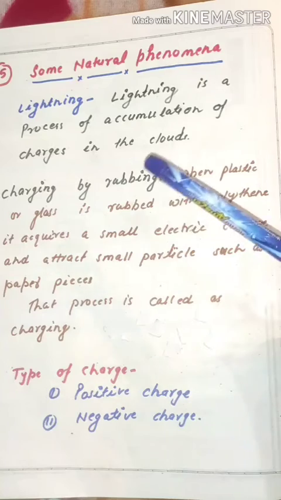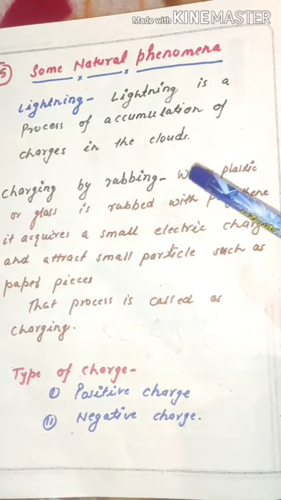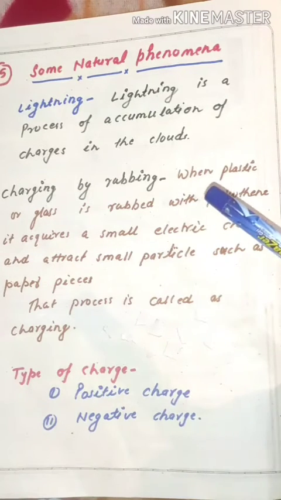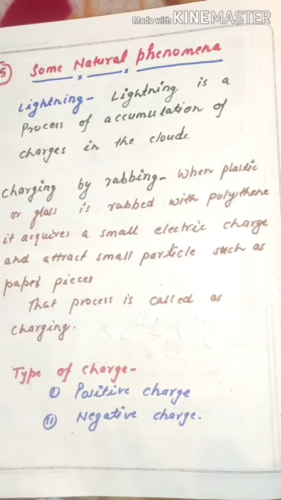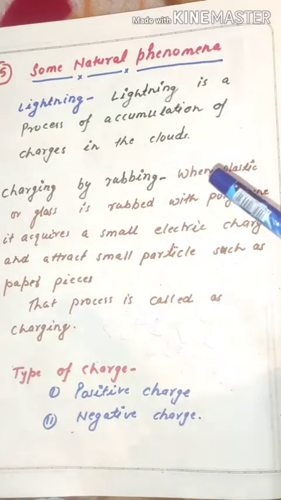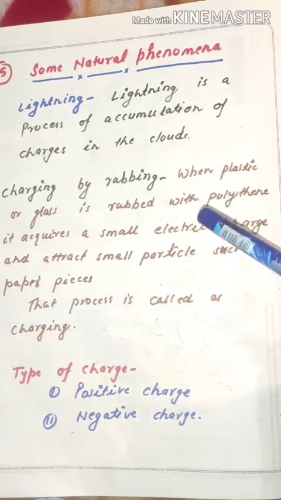So student, next one is charging by rubbing. First my question is how charge is produced. So student, you should know that when a plastic or glass stick is rubbed on hair or any other material, it will get something that is called charge.